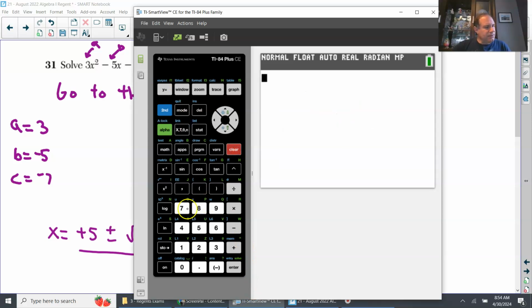So negative 5 squared, minus 4 times 3, times negative 7. You see I'm putting in directly what's underneath the radical, and it is radical 109.